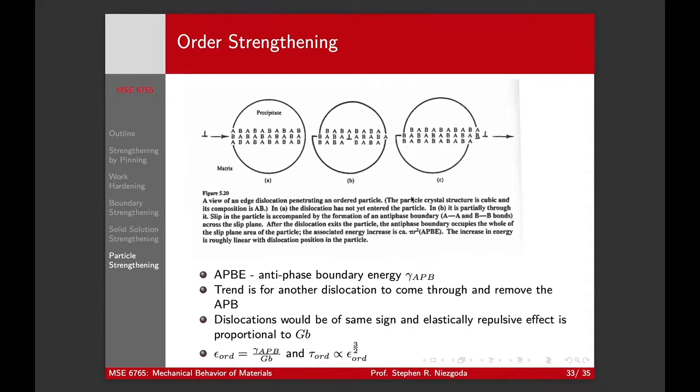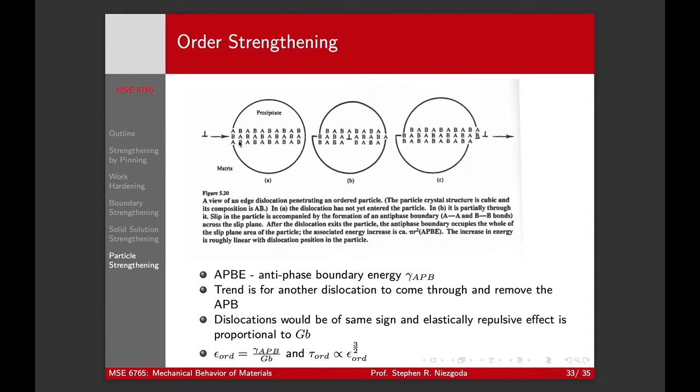Okay, and then the last strengthening mechanism for particles is order strengthening. These precipitates are secondary phases for the most part. A lot of them are ordered structures, like the gamma prime in superalloys.